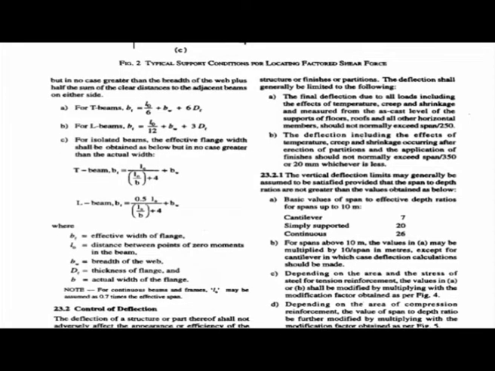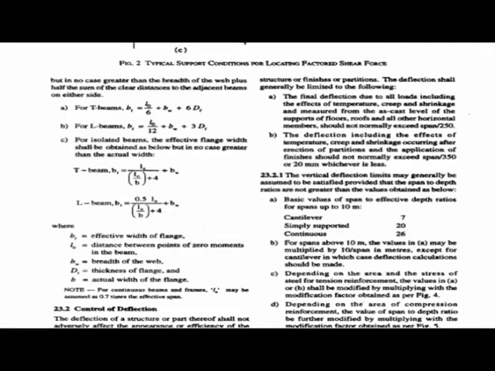For basic values of span to effective depth ratios, for spans up to 10 meter, cantilever span by depth is 7, simply supported span by depth is 20, and continuous span by depth is 26. So from here, if you know the span, immediately you can calculate the depth of the section.